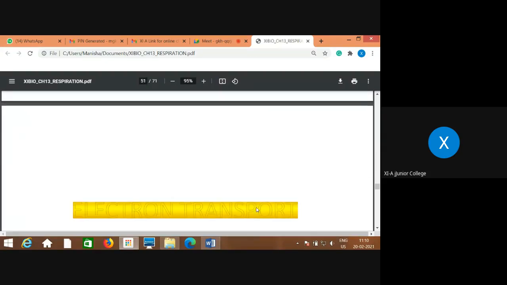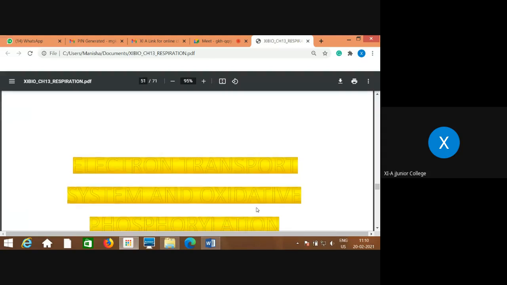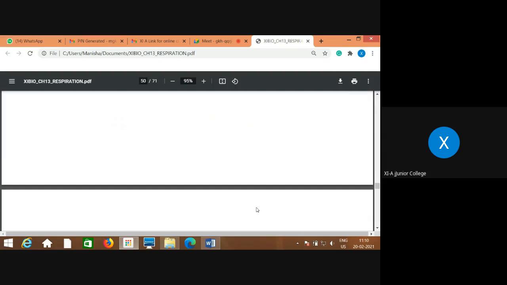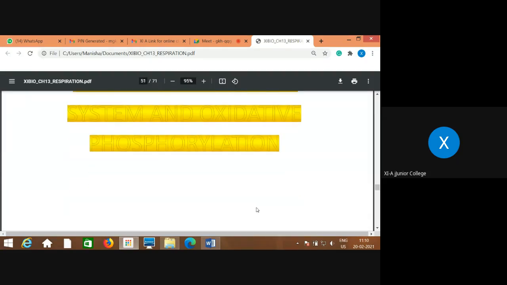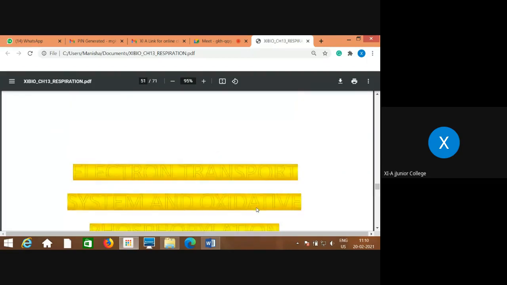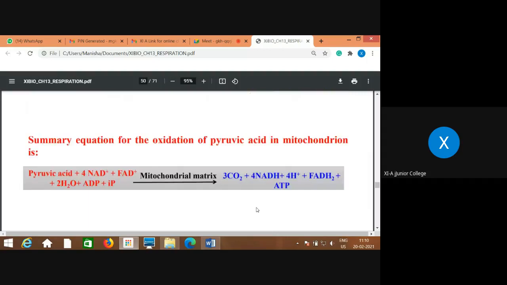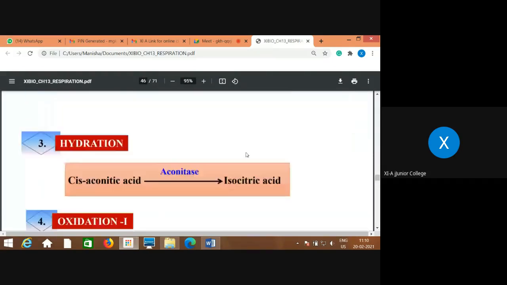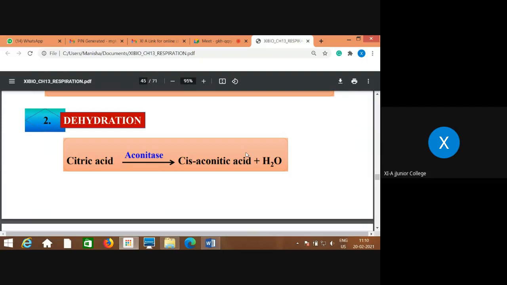So the last step is called the electron transport chain or system, or oxidative phosphorylation. Now this part I will not explain right now immediately. I'll come back to the previous diagram, and I want to ask you whether you have understood or not, then only I will come to this part.